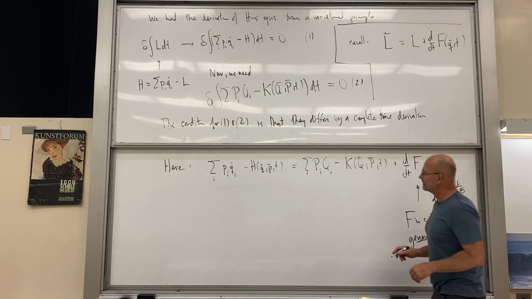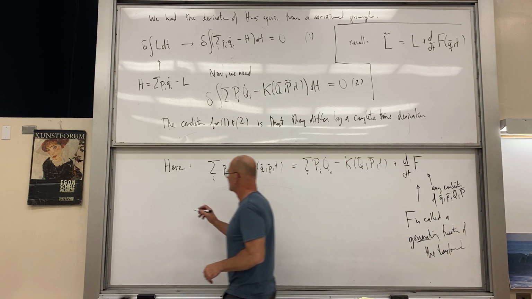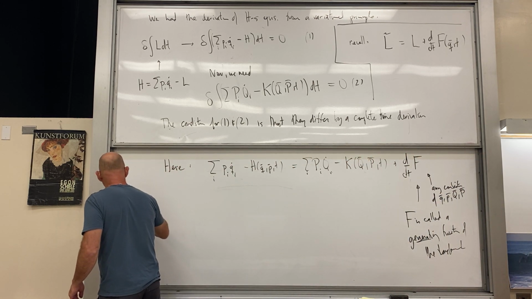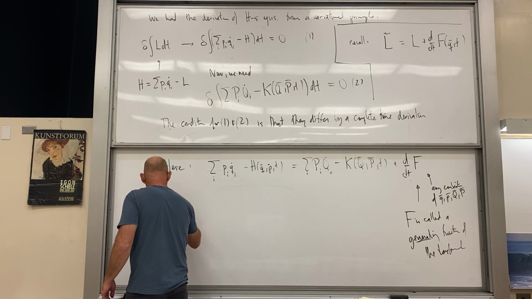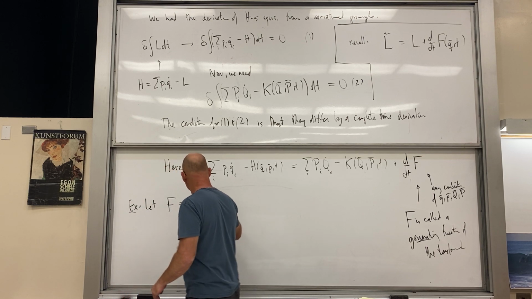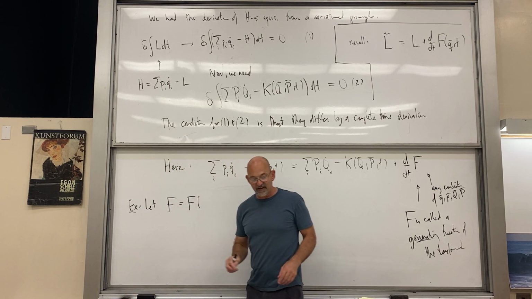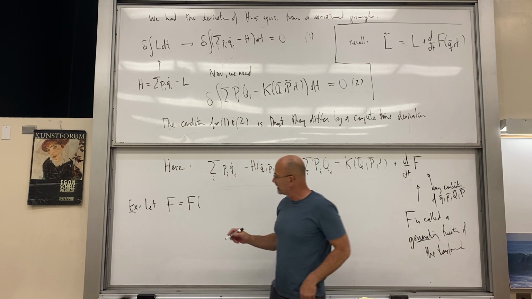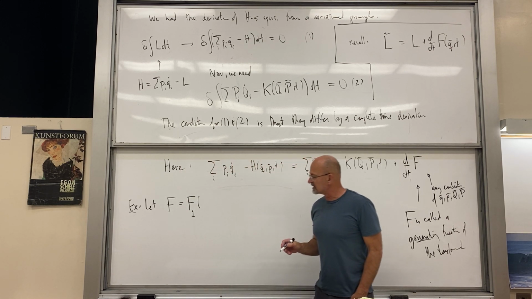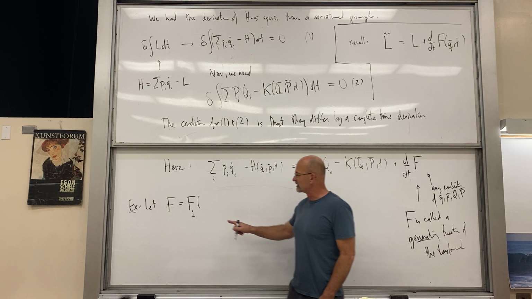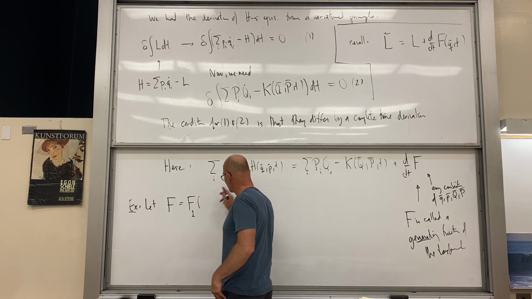As an example, let the generating function be a function of the old coordinates and the new coordinates. This is just the terminology that Goldstein uses. It's just a certain type of generating function because there are many.